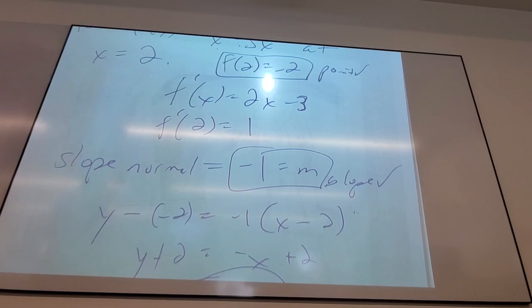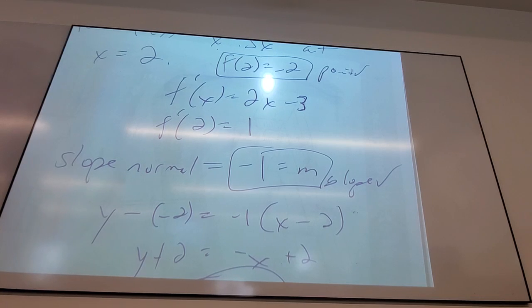What if I get a 0 slope? What's normal to a 0 slope? That means the normal is going to have infinite slope. Well, what's better than doing that? Put infinity in for m, which you cannot do. Don't put infinity in anywhere. It doesn't make any sense. What kind of line is this?